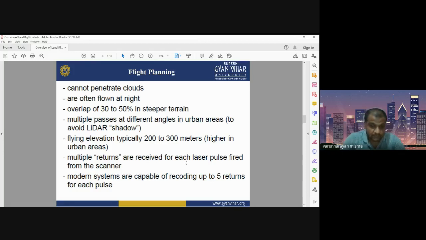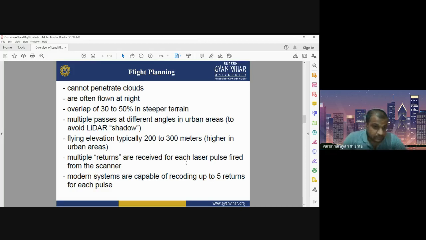But in a highly urbanized or highly residential area with very tall buildings, you can go beyond 300 meters, 500, 600, or up to 1 kilometer elevation.